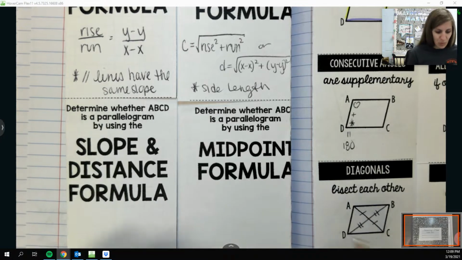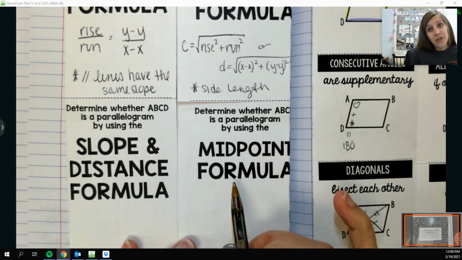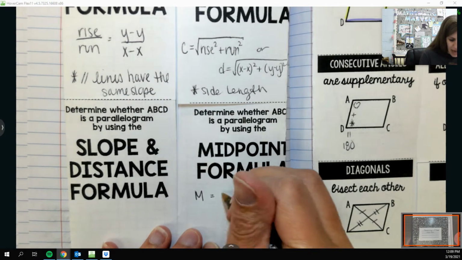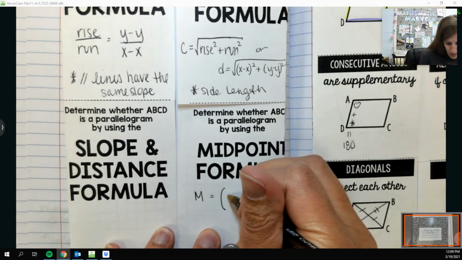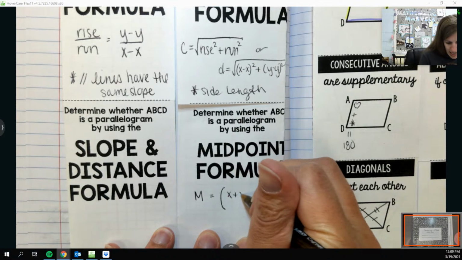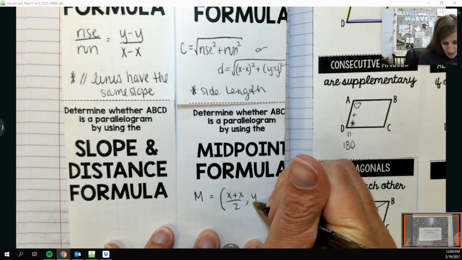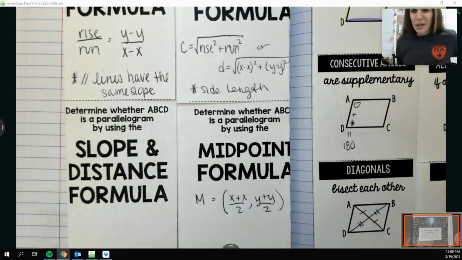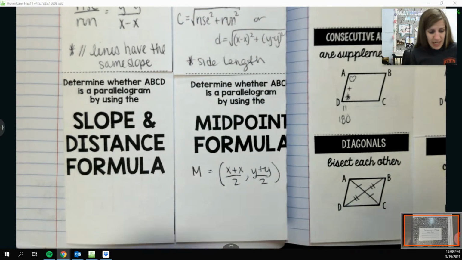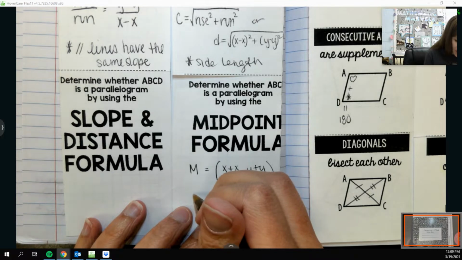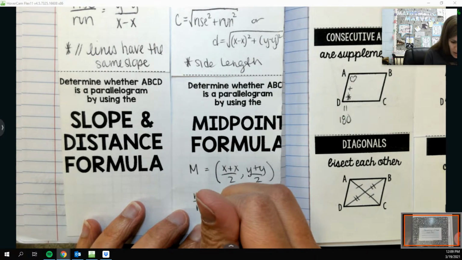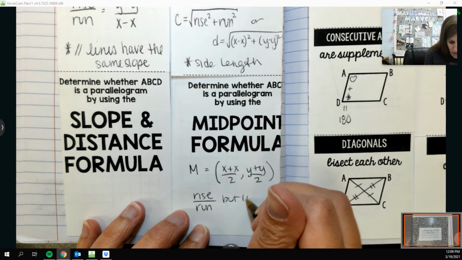It's weird. Another useful thing to remember is how we find the midpoint. The way that we find the midpoint is we add up the x's and take half, add up the y's and take half. That's the true formula for it. But usually what I do is I just do rise over run, but half.